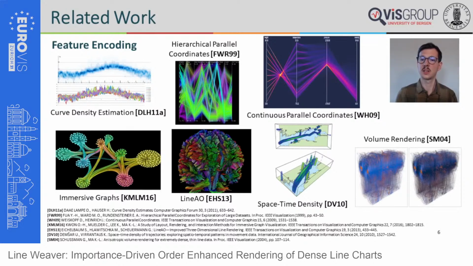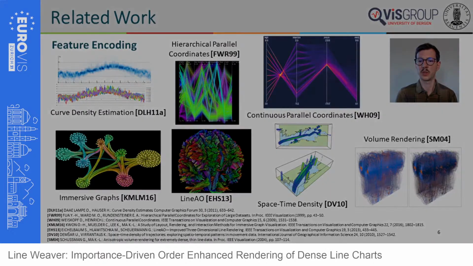Resulting line bundles can furthermore be emphasized by global illumination and real-time ambient occlusion approaches, which we consider as very effective. Additional inspiration comes from combining space-time cubes with kernel density estimations, interpreting line sets as volumes. A volumetric representation allows for the use of transfer functions, which inspired us to use importance functions.